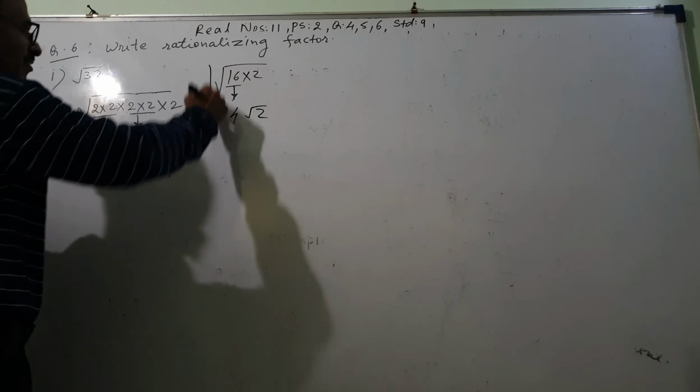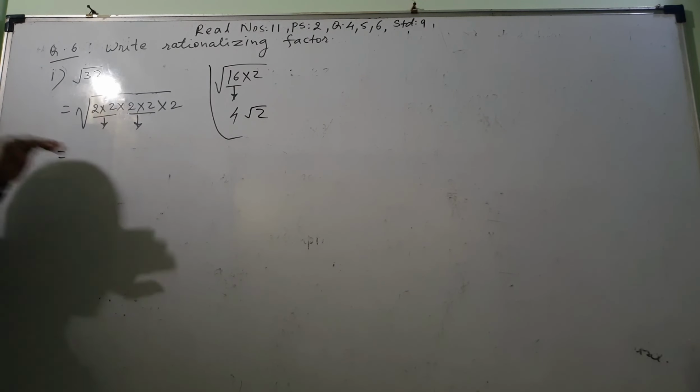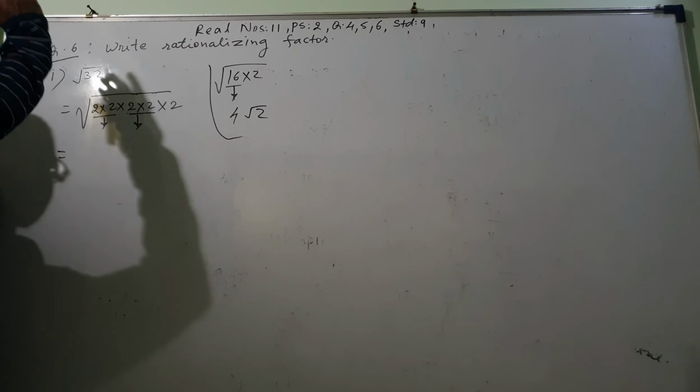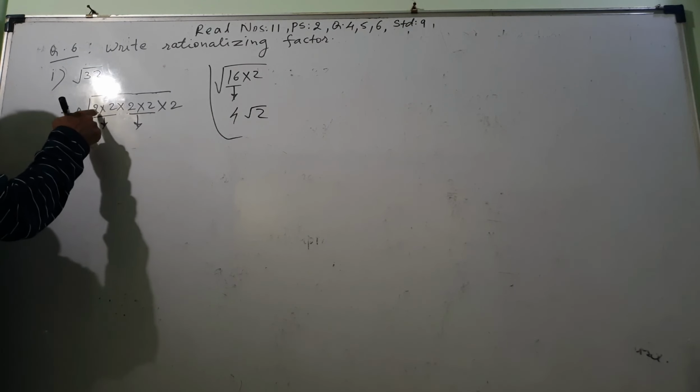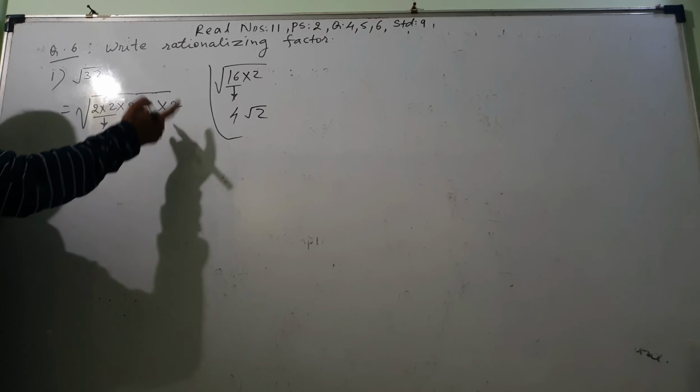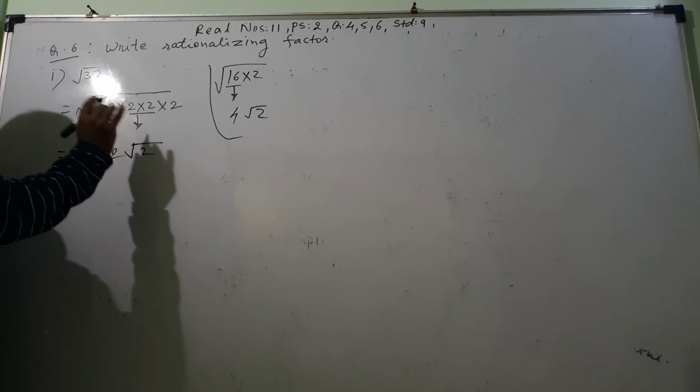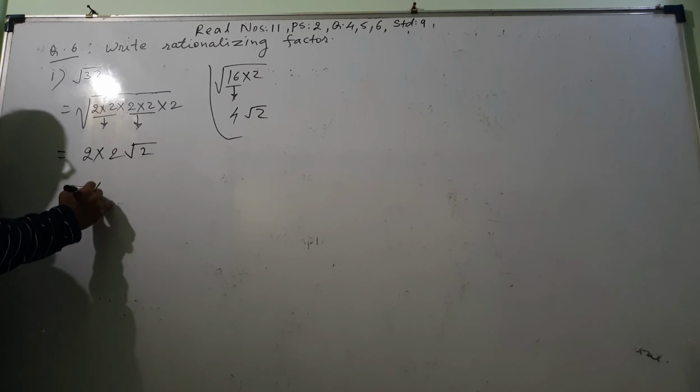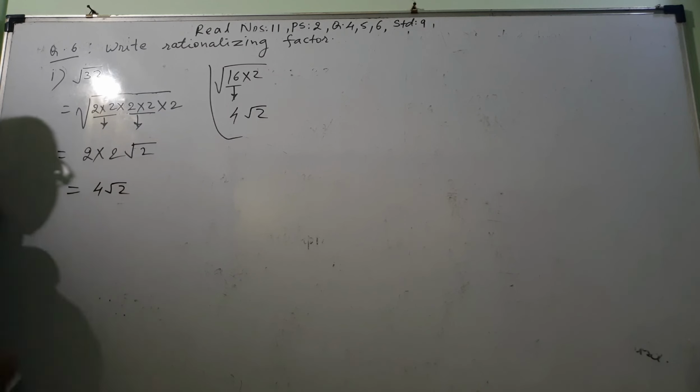This is also the way. This is also simple. But if the question is complicated, then we may not understand immediately. So make the simple factors. This is a 2, this is 2, and this will remain unpaired. It will be inside, 2. So this is 4 root 2.